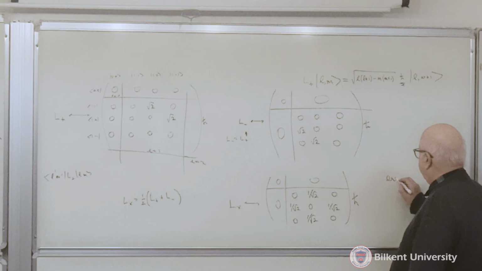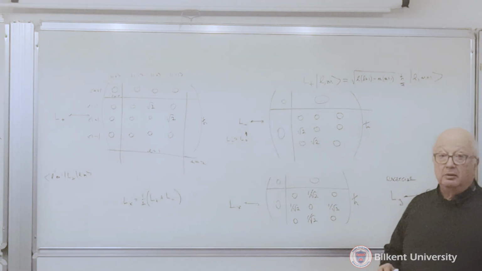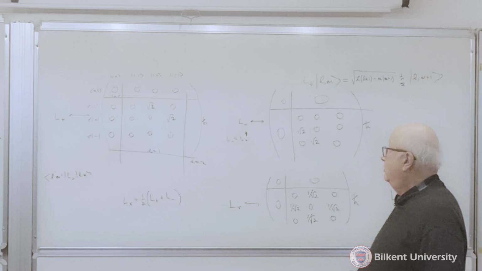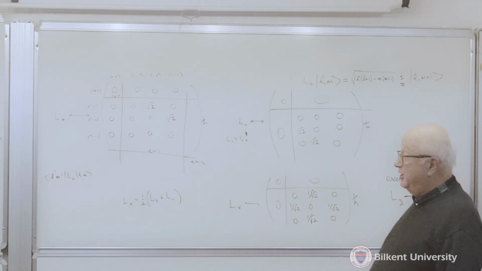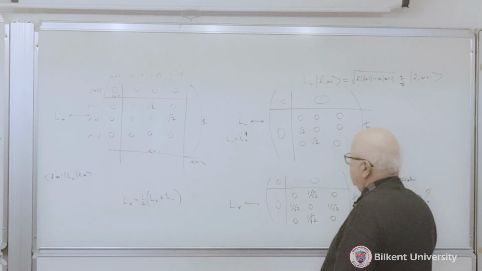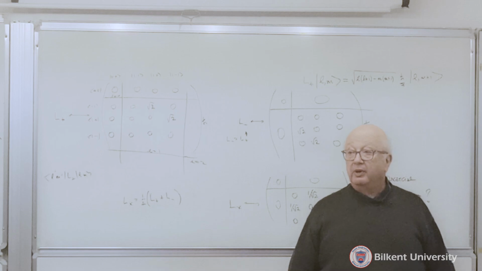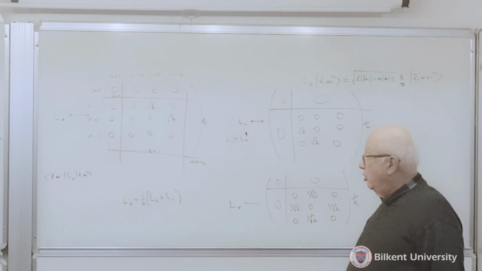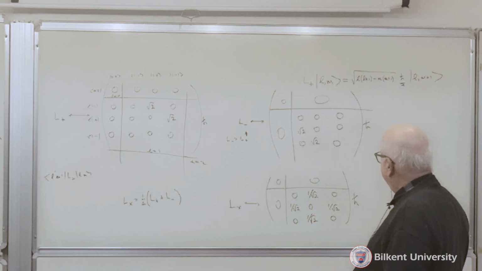Exercise: find Ly. You're going to see that you can get a Hermitian object, but this time you are going to get imaginary pieces, because to get Ly you have to divide by i and things like that. So as far as these things go, we have determined Lx.